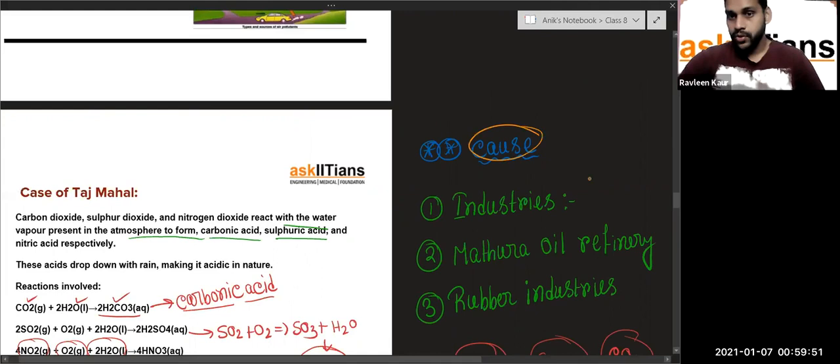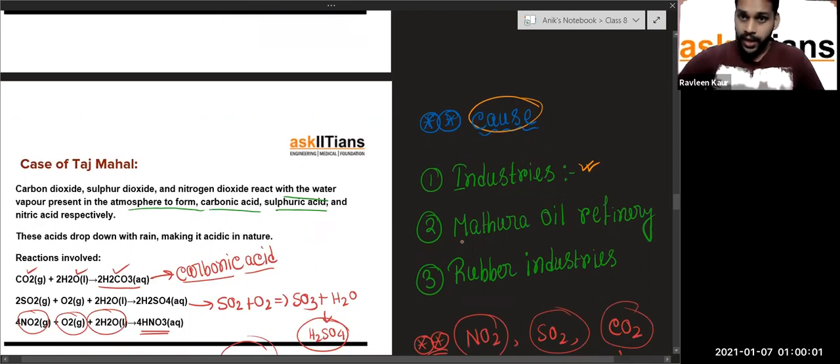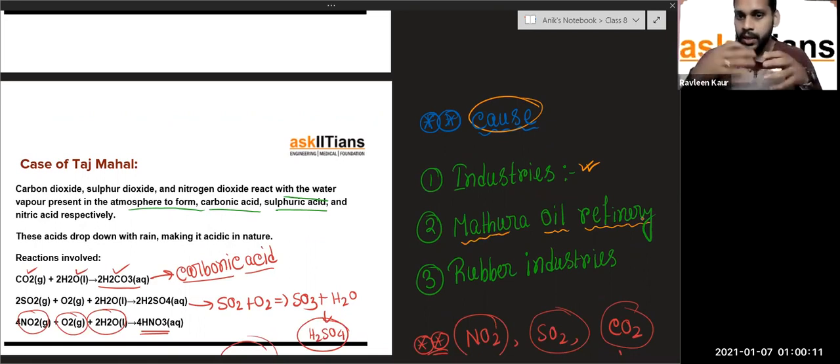There are so many industries surrounding the Taj Mahal area in Agra. Apart from that, there is the Mathura oil refinery just beside the Agra Taj Mahal. If you have ever visited Agra, the Mathura refinery is within about a 5 kilometer radius. So it is very close to the Taj Mahal.